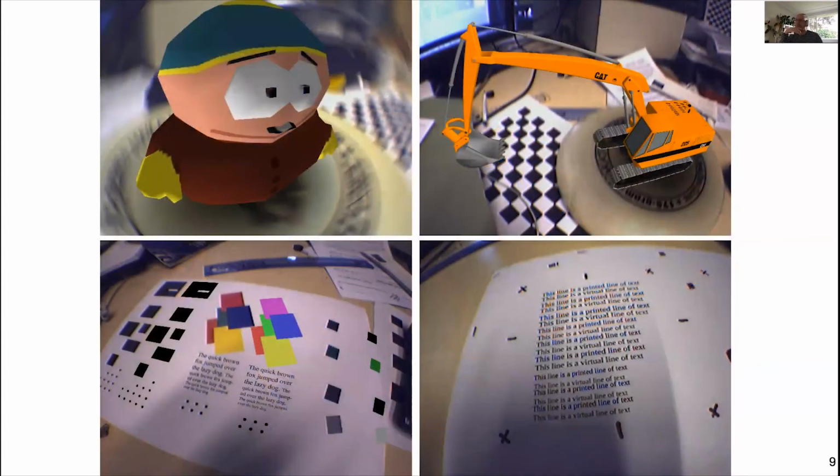Besides the digger, there's also a Cartman, or a text augmentation. And usually it's relatively easy to immediately make out what's real and what's virtual, because there are certain artifacts in the camera image representing our real environment that are not in the rendering. And there's a video for that.